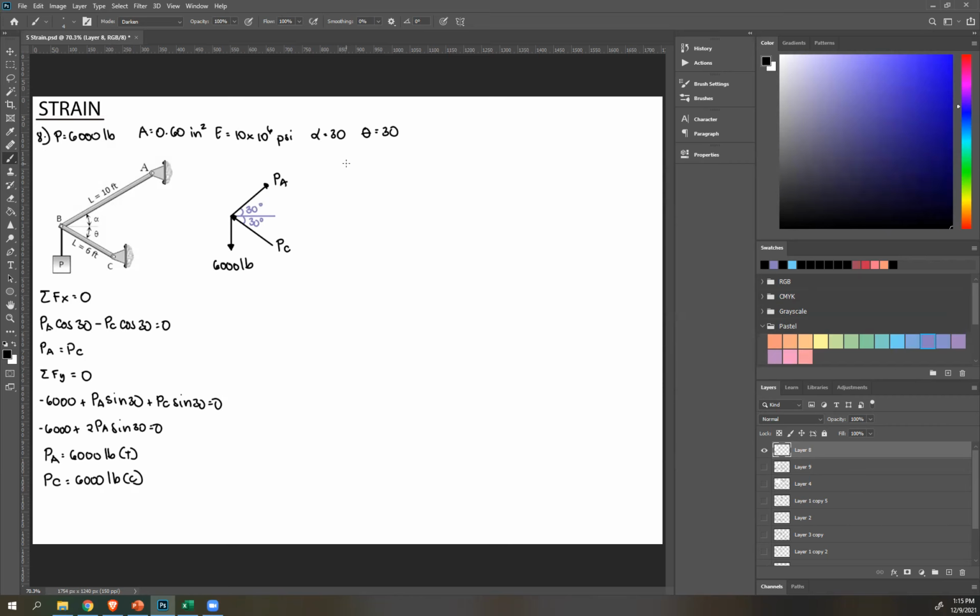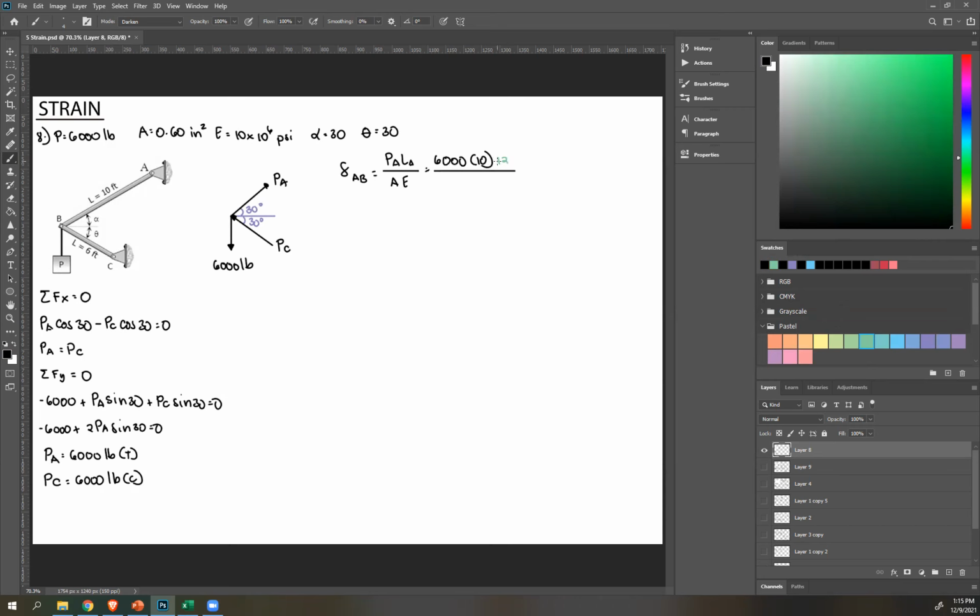So elongation, let's start with A. Of rod AB is simply PA LA over AE. PA is 6,000. Length of rod AB is 10 feet. Again, I need that in inches, so just times 12.